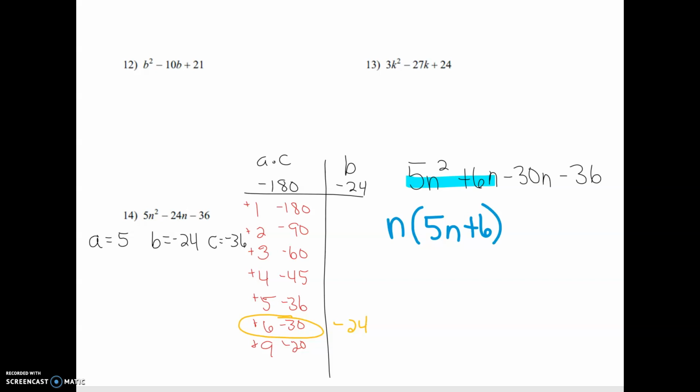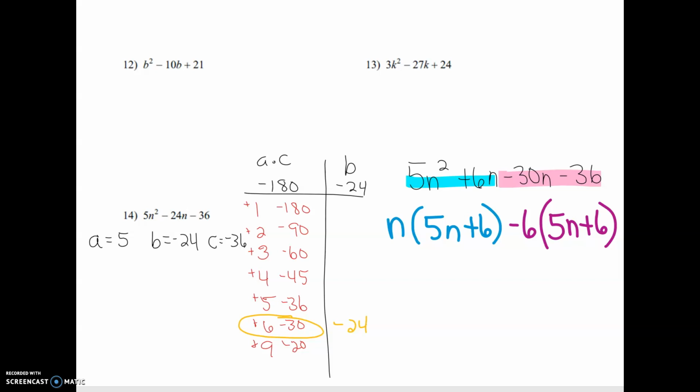The second two terms, I can do the same thing, negative 30n minus 36. Well, what factor will factor out of those two terms? If you look, both of those terms can have a negative 6 factored out of it. And what I'm left over with when I factor out is 5n plus 6.